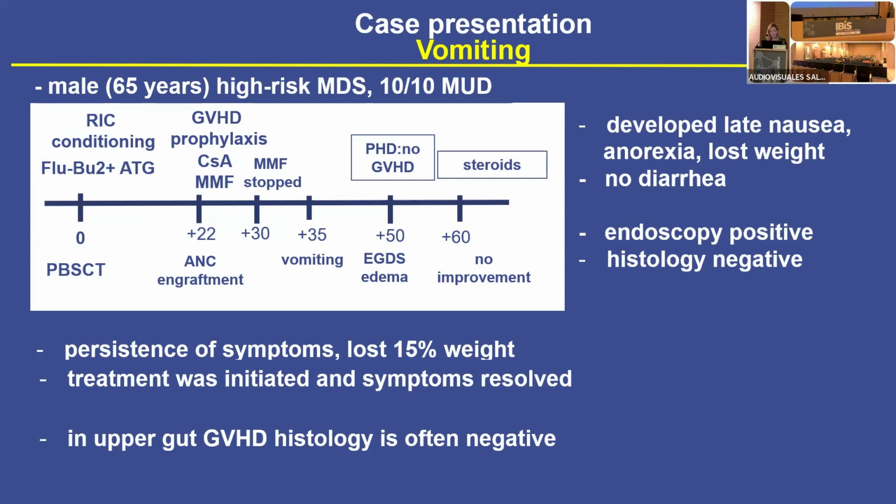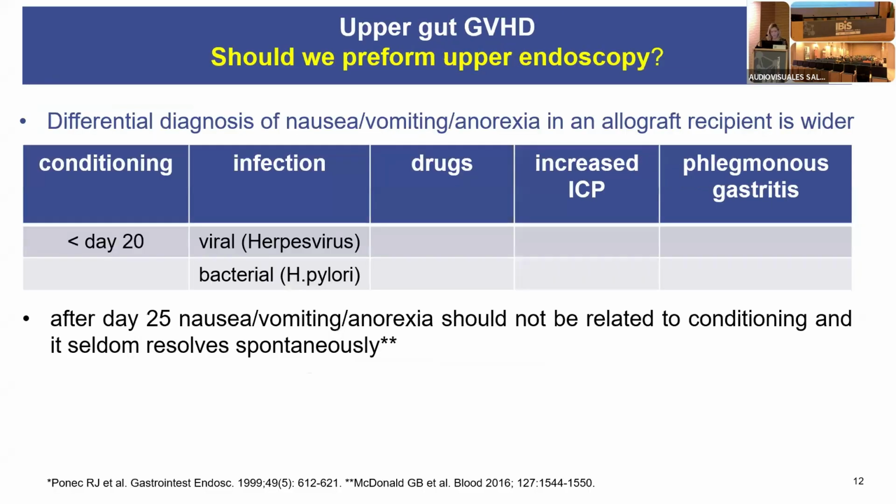My point here is that in upper gut GvHD, histology is often negative, even more than in lower GI GvHD. And here the differential diagnosis is even wider.